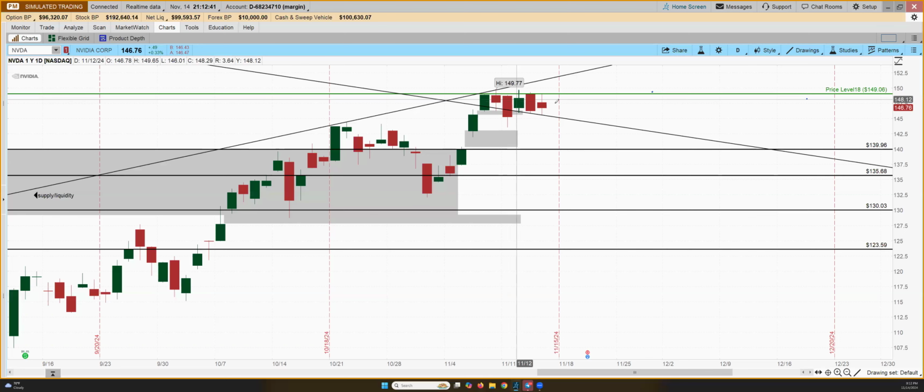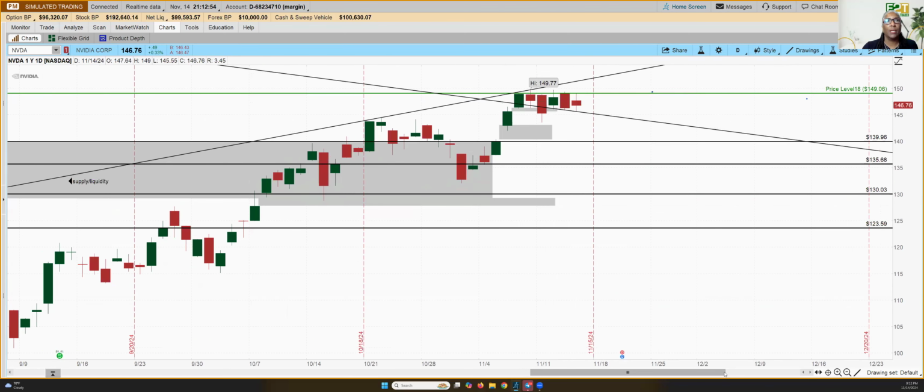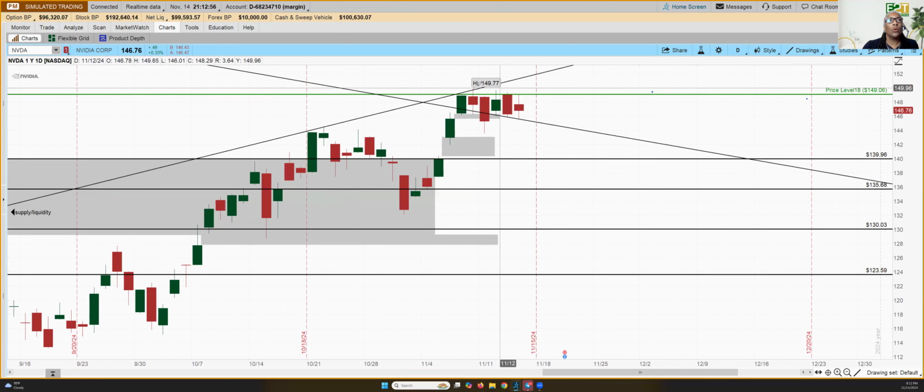Yeah, there's a lot of resistance. It hasn't got 150, which is crazy. I don't understand that. It's got to blow past this. It's got to get above that 149.77, or it won't go any higher. So if it were to get through 149.77, that could be an entry going up.